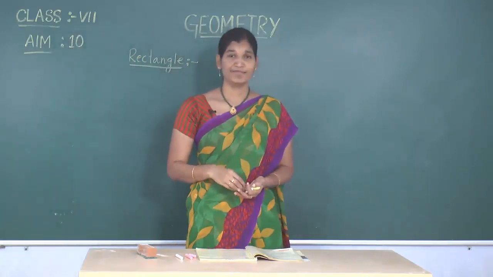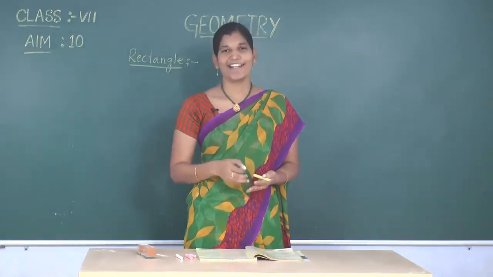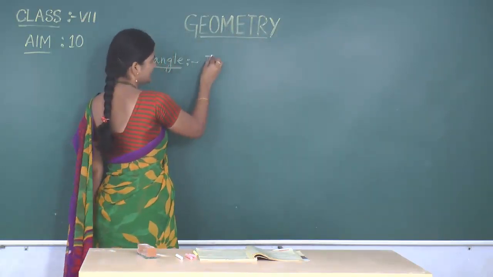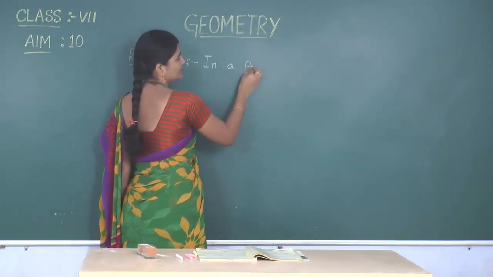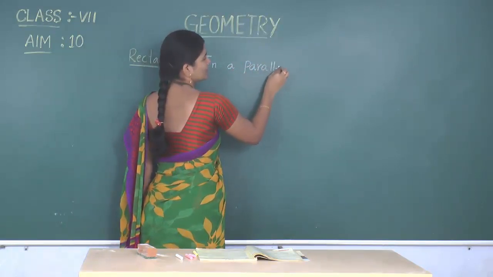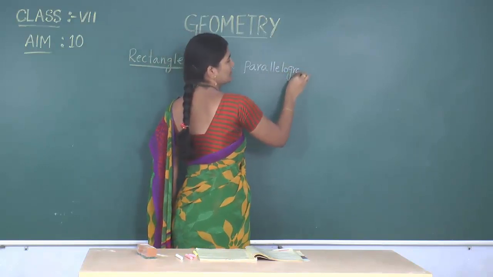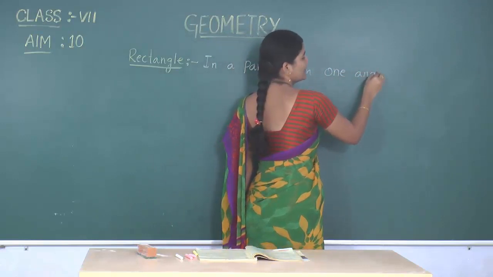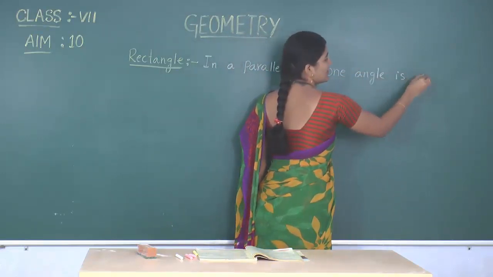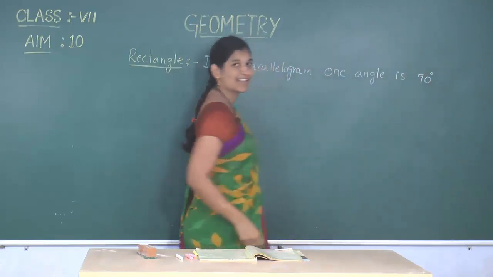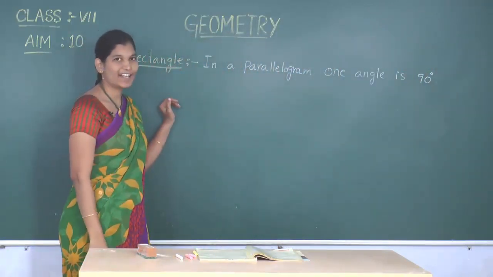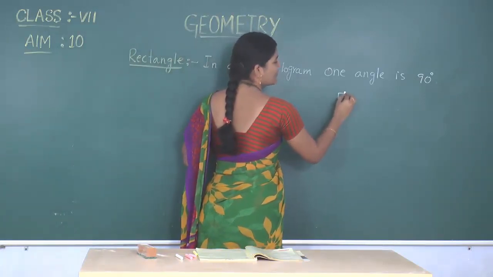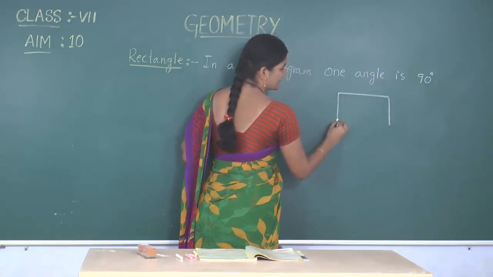In a parallelogram, if one angle is 90 degrees, then it becomes a rectangle. Yes, the shape of the rectangle is like this.